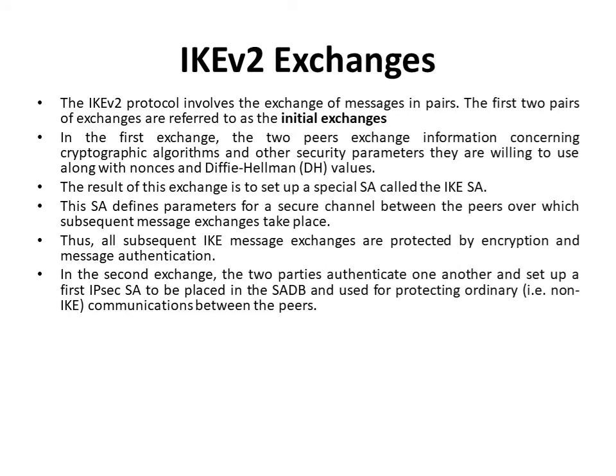In the second exchange, the two parties authenticate one another and set up a first IPsec SA to be placed in the SADB and used for protecting ordinary, that is non-IKE, communication between the peers. Thus, four messages are needed to establish the first SA for general use.